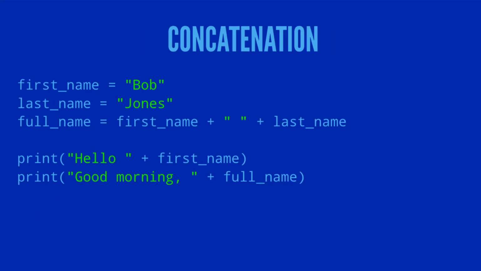Then we had concatenation, which was the ability to add strings together. Remember that you can only add strings and you can't add integers. So we've got first name equals Bob, last name equals Jones, and then the variable full name equals first name plus a space plus last name. If we did print hello plus first name, we're going to get hello Bob, because Bob is the first name variable.